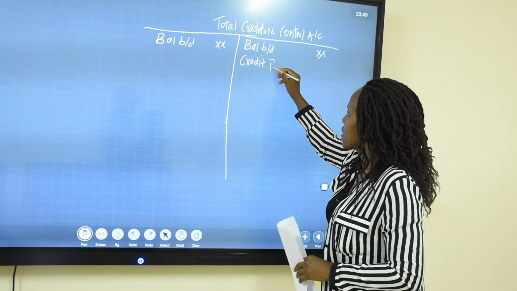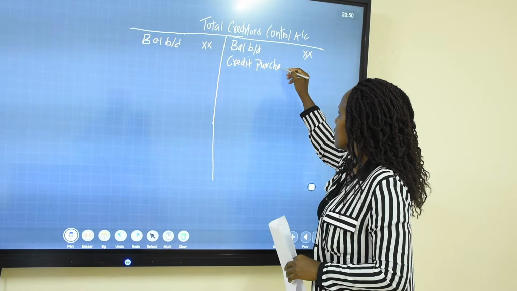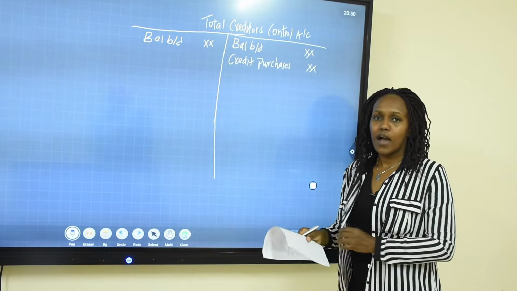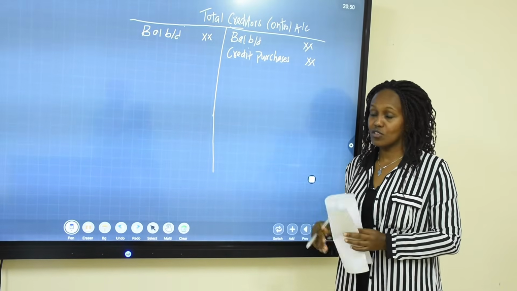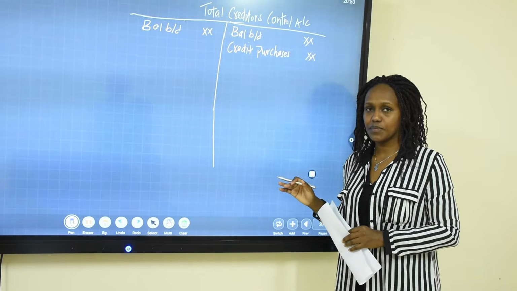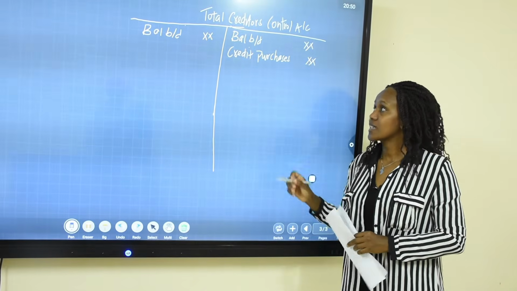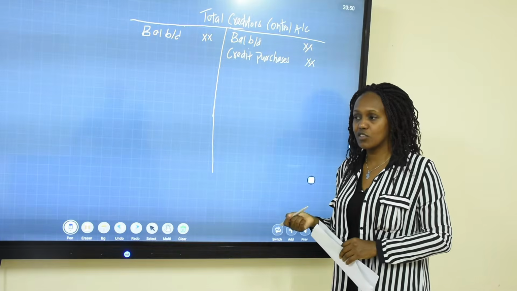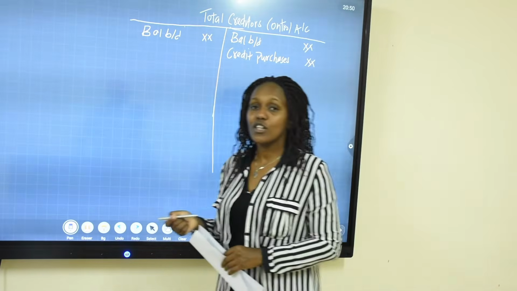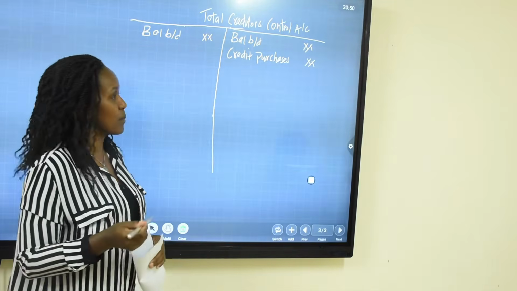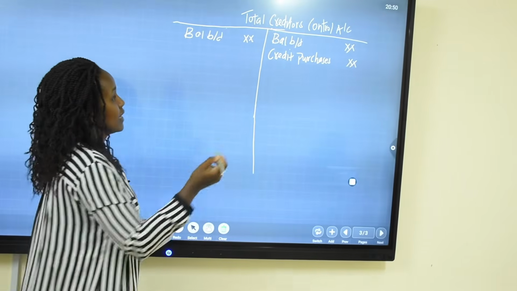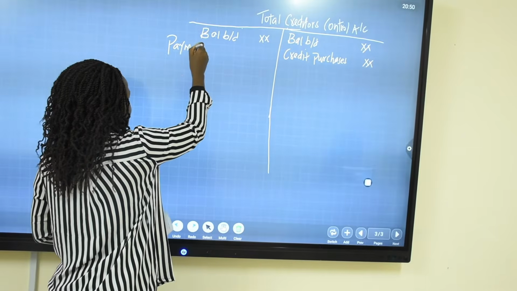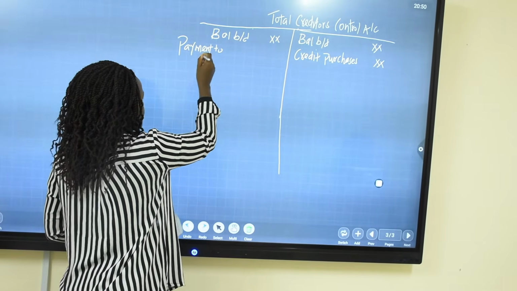If we continue buying on credit, our obligation is going to continue increasing. But certain things can reduce the amount that is owing to our suppliers. Those amounts can be reduced by payment to suppliers.